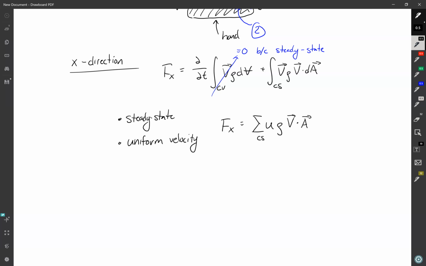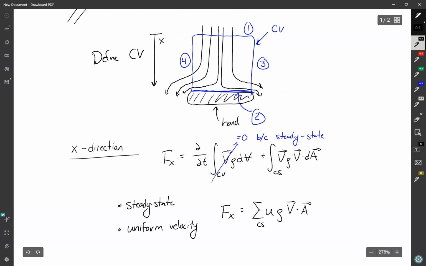All right, so what are these specific terms? Well, we're going to have terms in the x direction. We have velocity crossing in the x direction here at the top surface and at the bottom surface, and not at surface 3 or 4. So we don't actually have to care about 3 and 4 because we don't have velocities in the x direction.